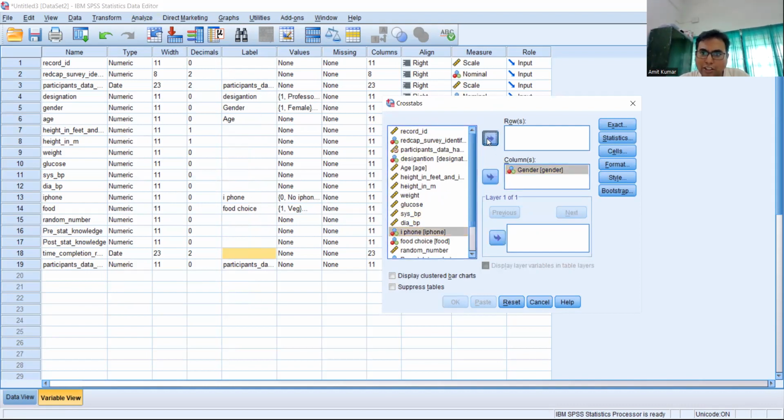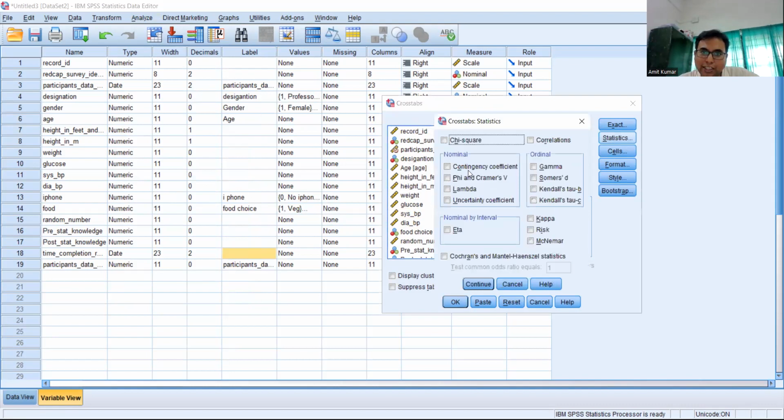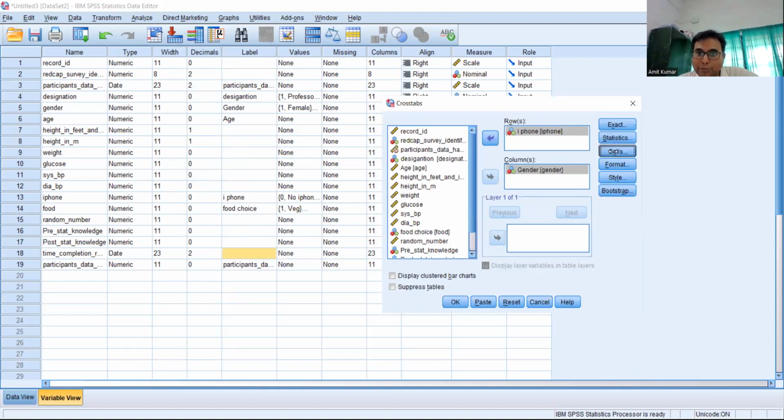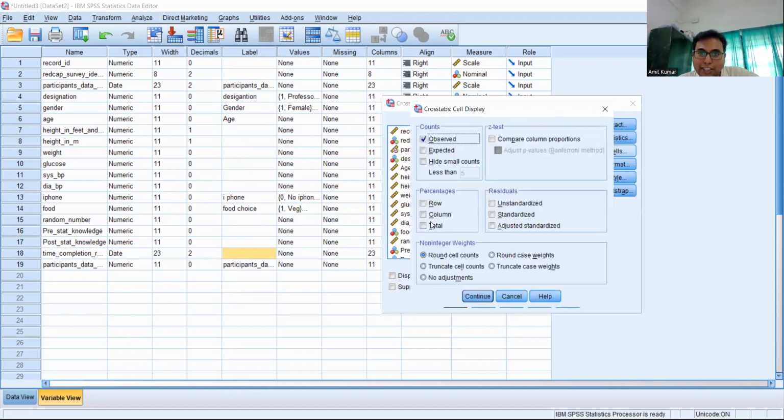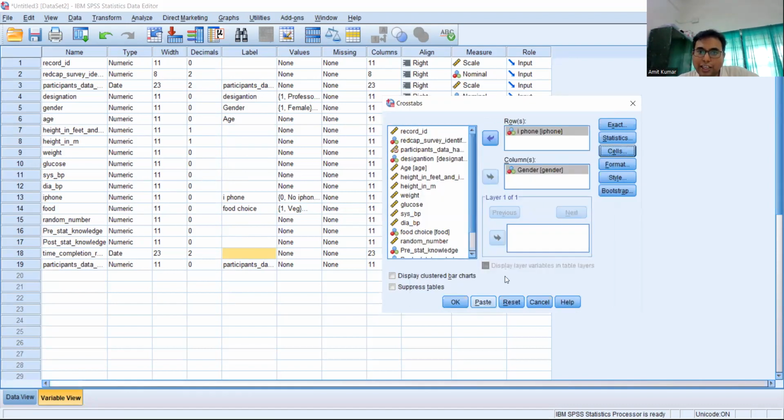Once you drag it here, you click the Statistics button and select chi-square. Tick only chi-square, so it will do the chi-square test. Then press Continue. Then in the Cells option, because you want some percentages in the 2 by 2 table, you take the column percentage, then Continue. Then press OK.